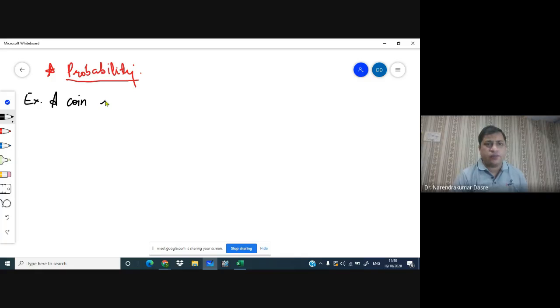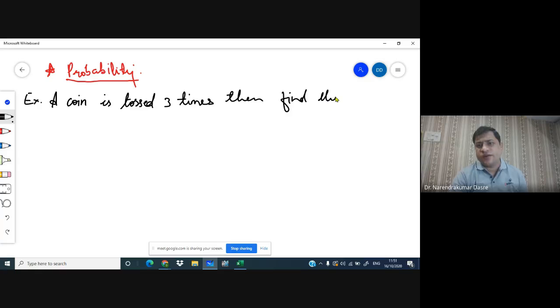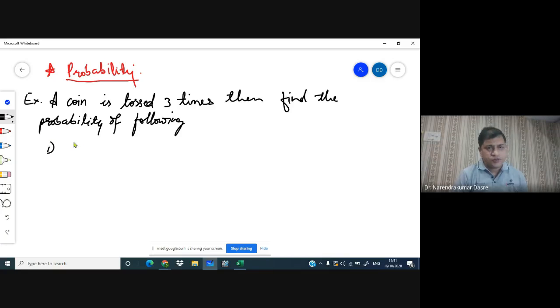The coin is tossed 3 times, then find the probability of the following. First, exactly 2 heads.